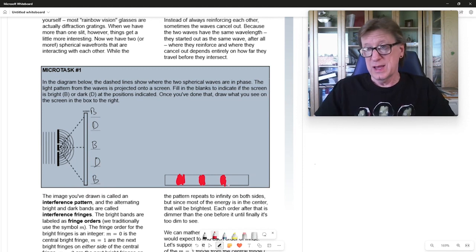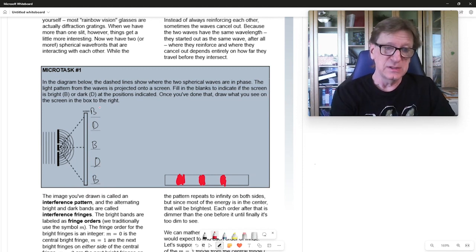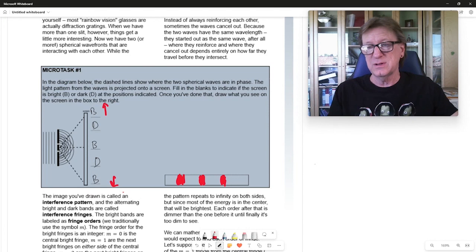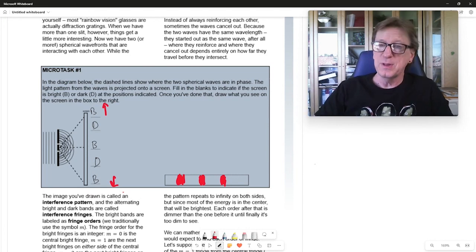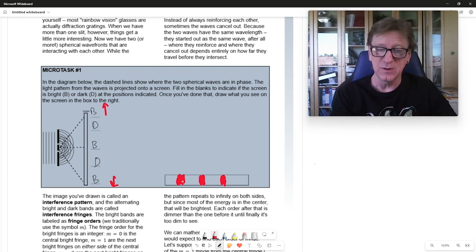Now I also have interference extending out this way and this way. Because if you think about it, those waves are still expanding out. And so even further on out, I'm going to get places where I have this constructive interference. So this pattern, this bright and dark oscillating pattern, extends outward all the way out through here.